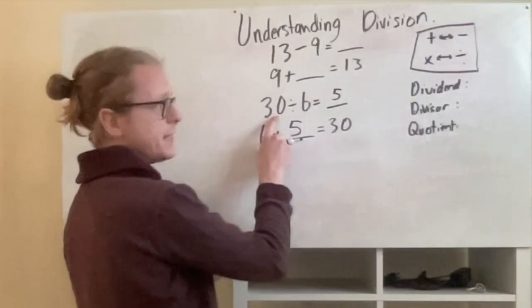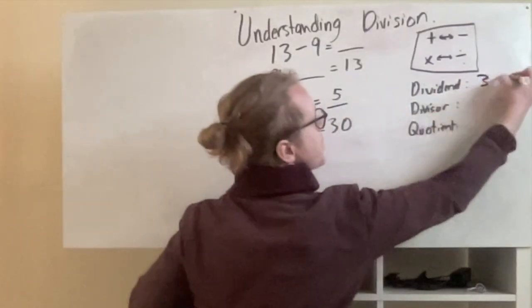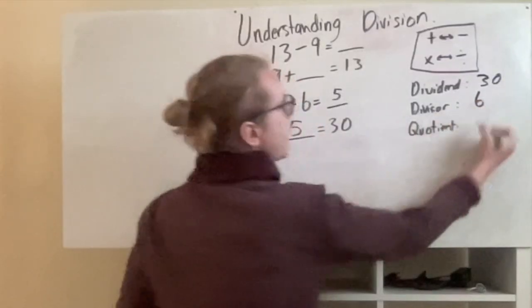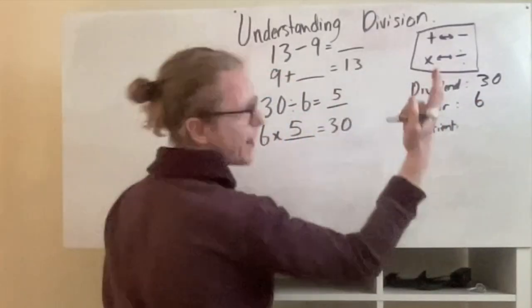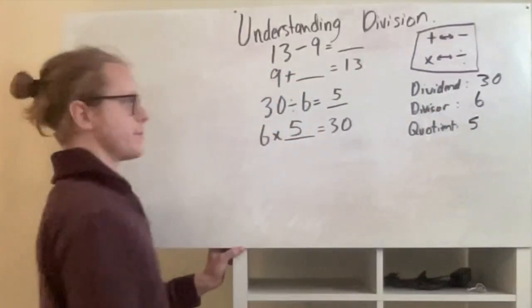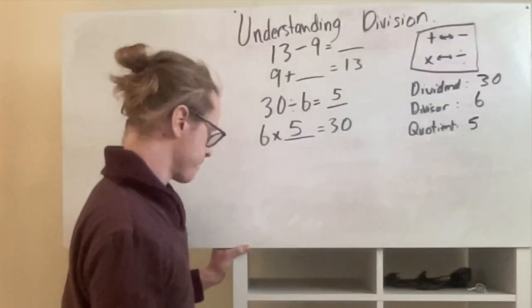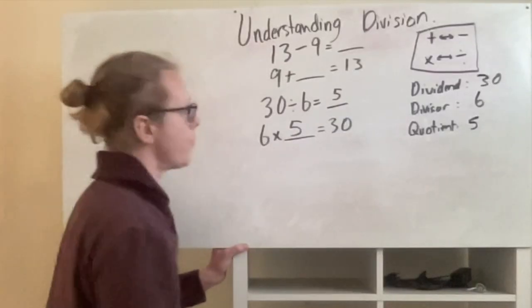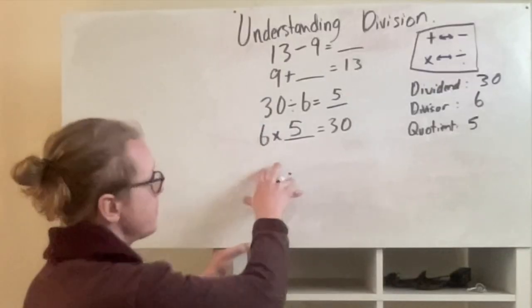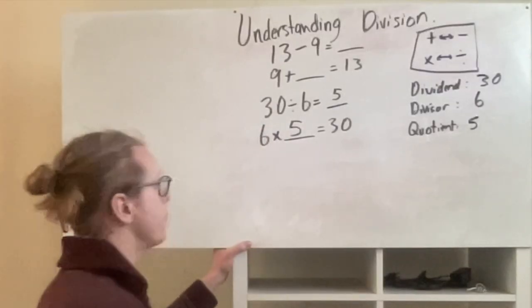So 30 is the dividend in this situation. 6 would be the divisor, the number we're dividing by, and then the quotient is our answer to this division equation, okay?